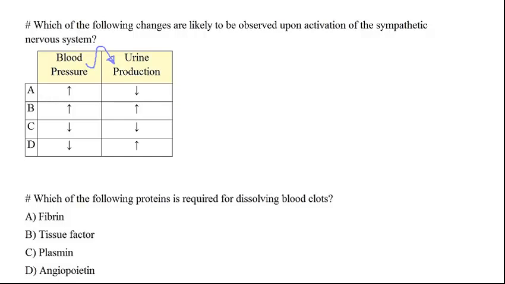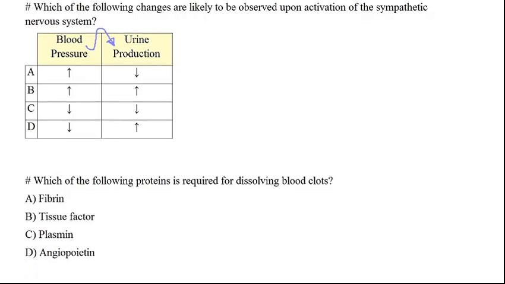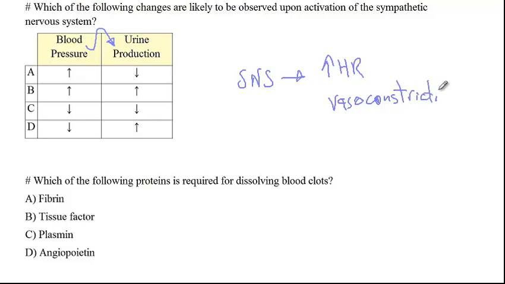So the first question, which of the following changes are likely to be observed during the activation of the sympathetic nervous system? So SNS, it increases the heart rate, it causes vasoconstriction of blood vessels, as a consequence of which it will also increase blood pressure.